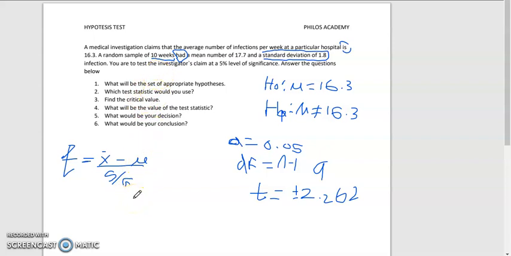So when you punch it on your calculator, you should get 2.4596. You can approximate it to 2 decimal places.